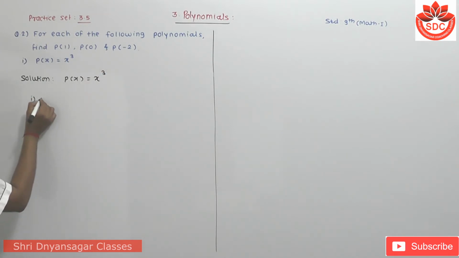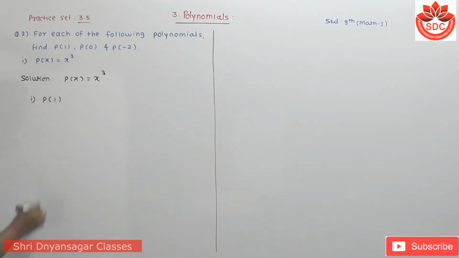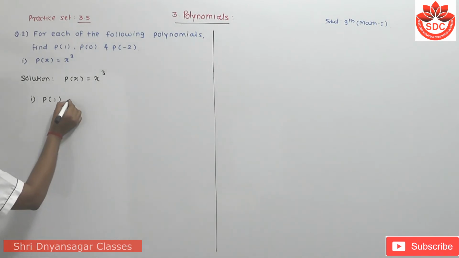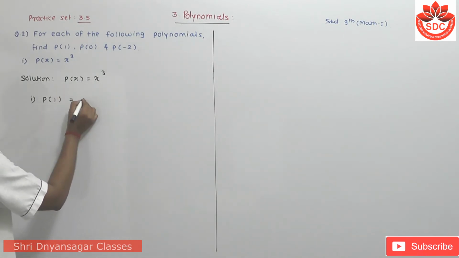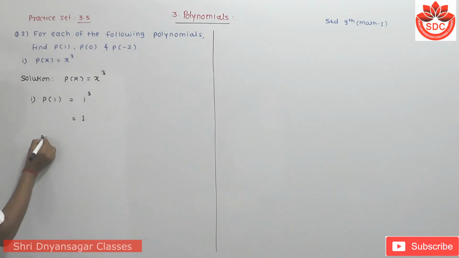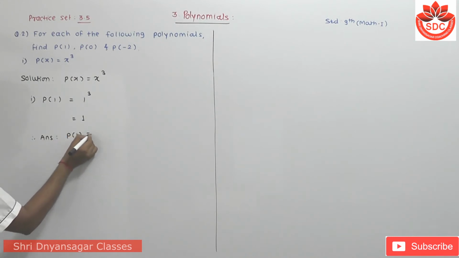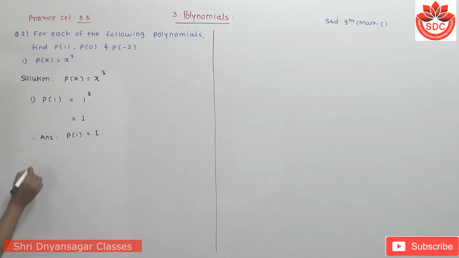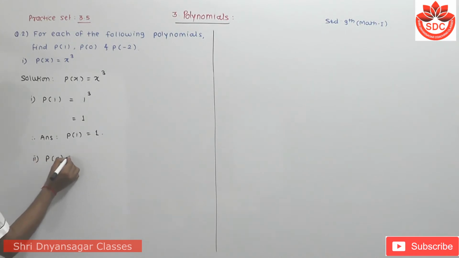First I find p(1). We put the value of x as 1, then 1 cube is 1. Therefore p(1) equals 1.